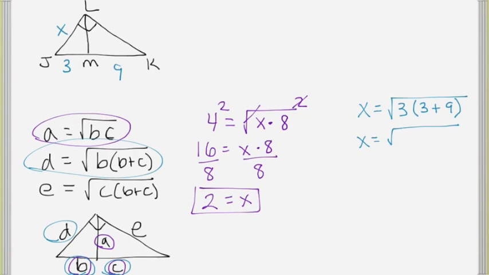So we combine the 3 and 9 together and get 12 first. Then we can multiply, and 3 times 12 is 36. And then we want to simplify roots. Square root of 36 is 6.